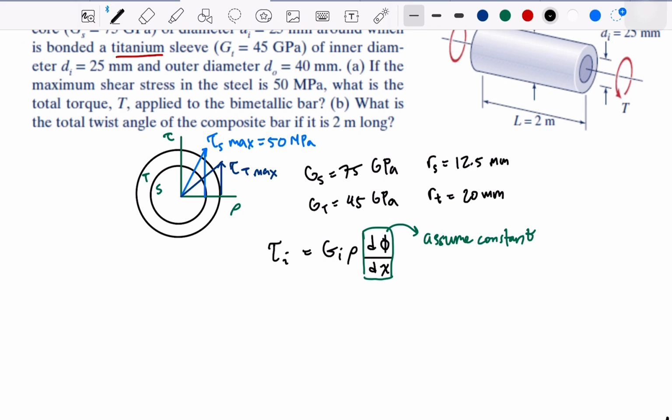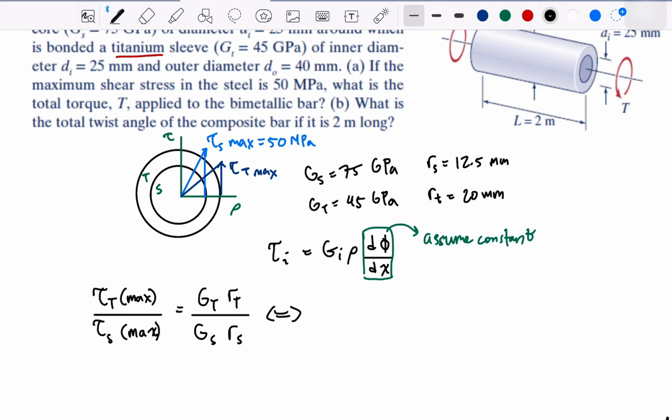Now, based on this, we can write the ratio between the titanium and the ratio on steel. This is GT RT, and this is GS RS.